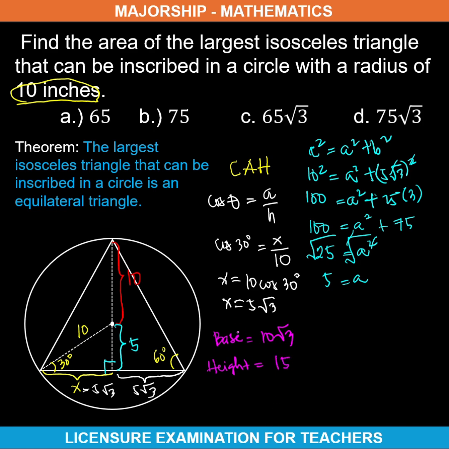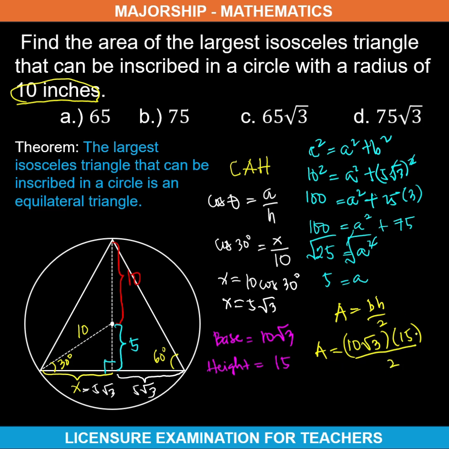Okay, so we now have the base and the height. So pwede na tayong mag-solve ng area. Pwede na natin mahanap yung area ng triangle. Okay, so area equals base times height over 2. Substitute natin yung given. So area equals, yung base natin is 10 square root of 3, times the height, which is 15, all over 2.